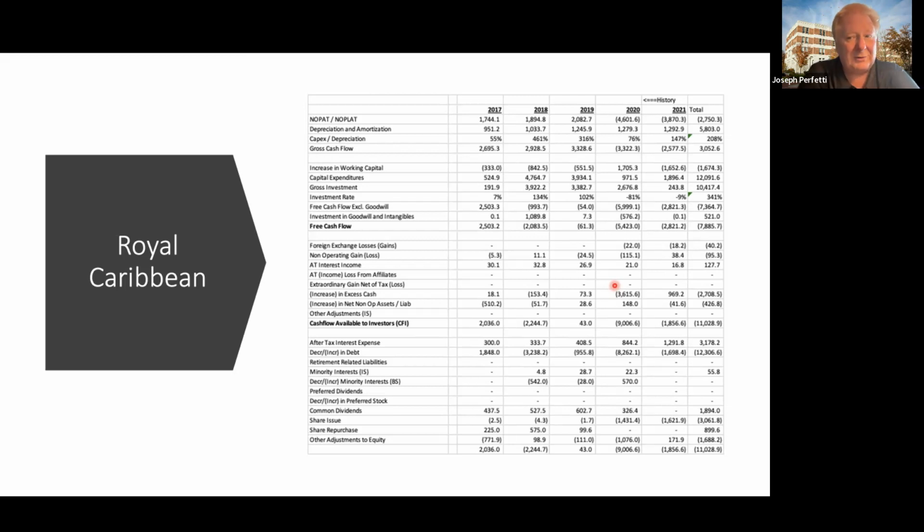Unlike Union Pacific, which was borrowing even during COVID to buy back stock. Different story here at Royal Caribbean, because the business was on its heels because of that tremendous drop in passenger volume. This, if we had done an EIC, is an industry very, very sensitive to economic changes, and particularly the health changes in the market. The macro economy really affected travel.